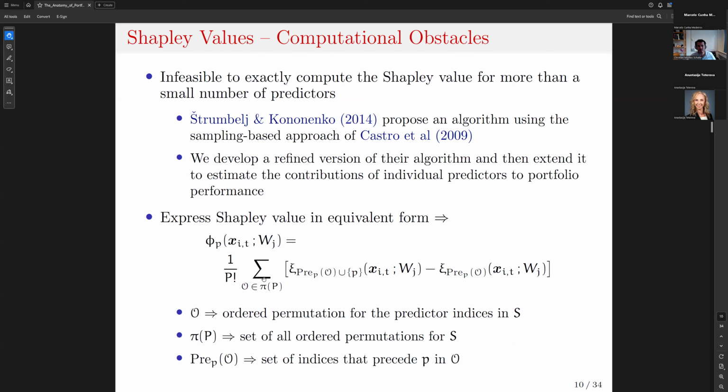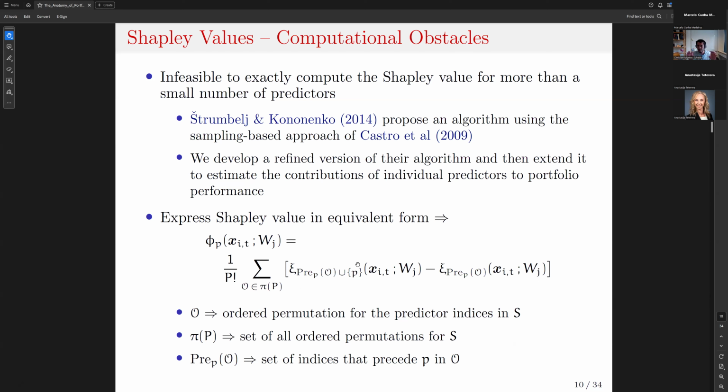And this is where Strumbelj and Kononenko propose an algorithm using the sampling-based approach of Castro et al. We develop a refined version of the algorithm and then extend it to estimate the contribution of individual predictors to portfolio performance. Now, in this literature, normally the Shapley value is shown in equivalent form, but just in terms of order permutations, where you have the sum of the prediction with and without the particular predictor.